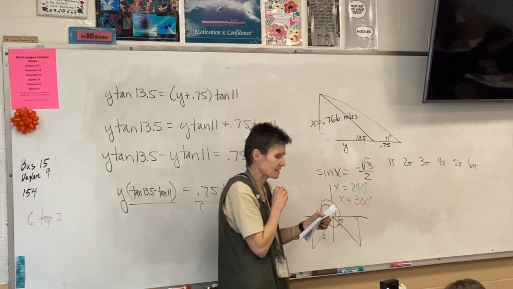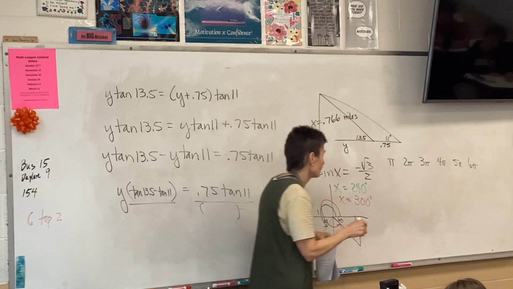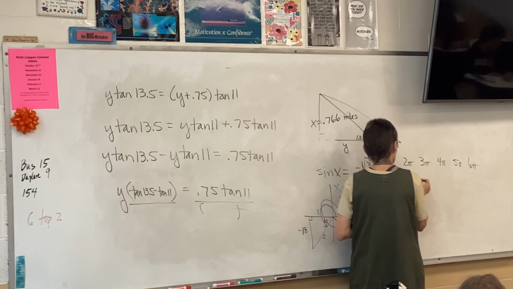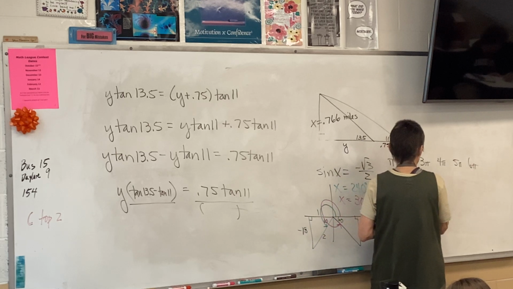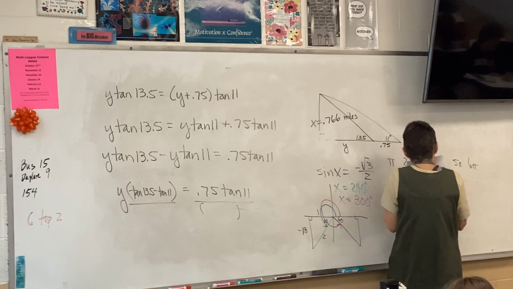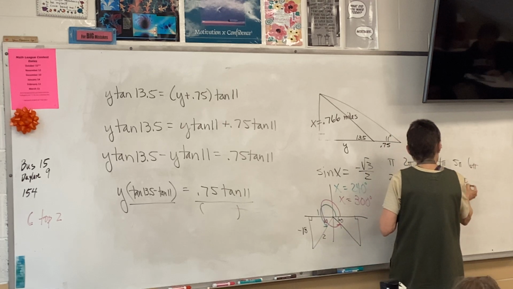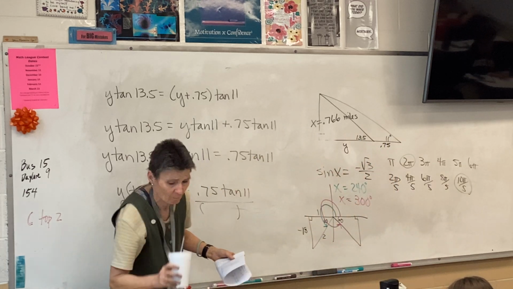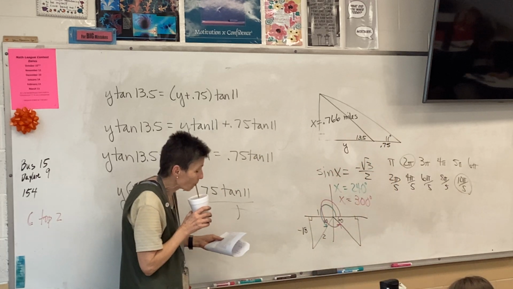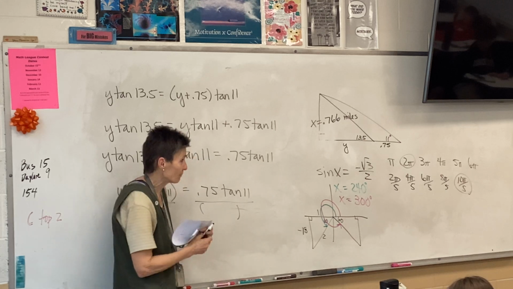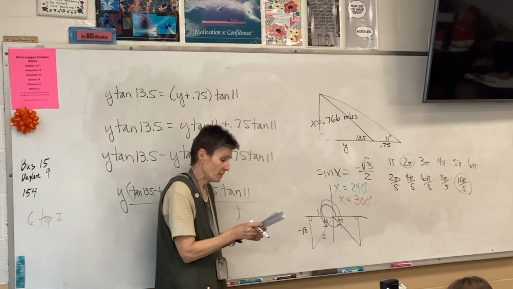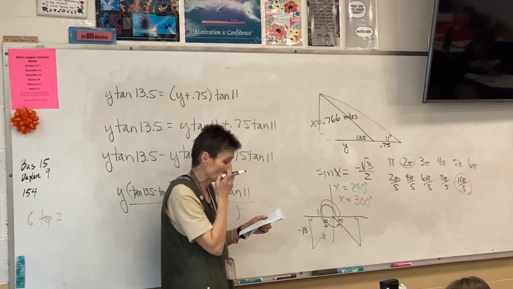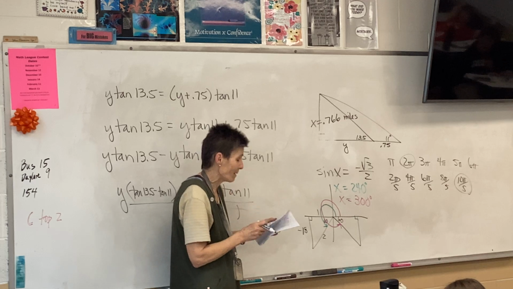What is the period of the second part? 2 pi over 5. So the period is 2 pi. Is it sinusoidal? No, because the periods don't match, they're 2 different periods.